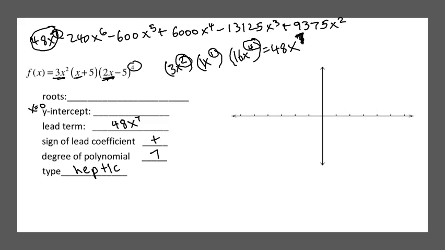So the y-intercept would be 3 times 0 squared times 0 plus 5 times 2 times 0 minus 5. 0 squared is 0, and multiplied by 3 is 0, so it would be 0 times 0 plus 5 is 5, and 2 times 0 is 0, minus 5 is negative 5. If we multiply this all out, we end up with 0. So our y-intercept is 0. So this is going to go through the origin.